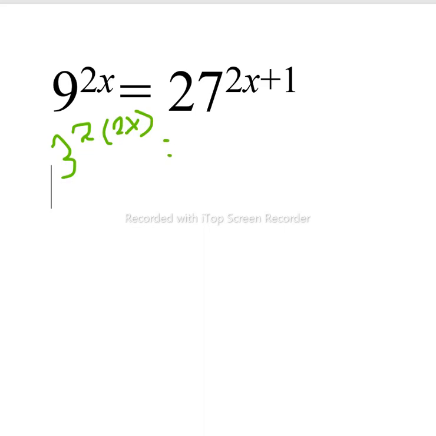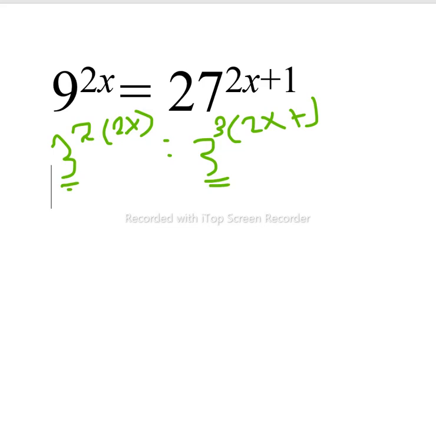In the 27, to the power of 2x plus 1, 27 means 3 times 3 times 3, or 3 to the power of 3. We can write it like this, and we already have 2x plus 1. After doing this, we have the same number, the base 3.